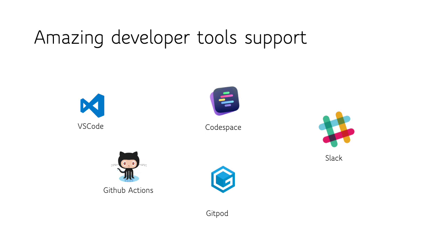We understand it's critically important for developers to have great development tools and environments supported. For example, we work very well with Visual Studio Code, one of the most popular developers' favorite IDEs. We also support online web environments, such as Gitpod or GitHub Codespaces.